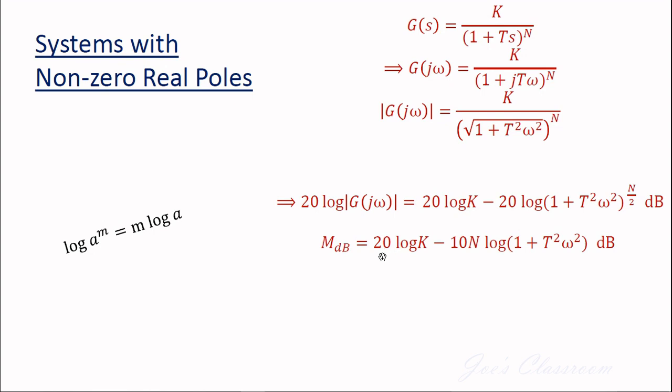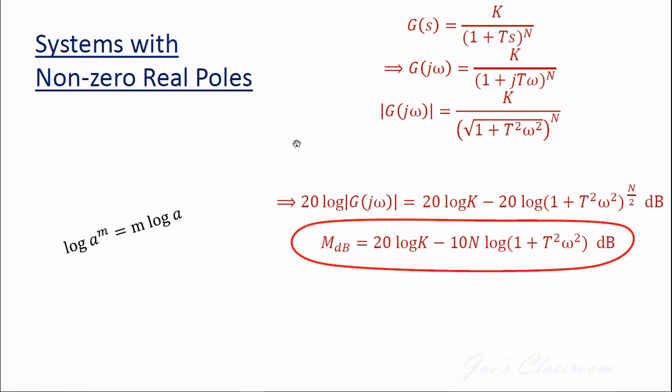Please note, here there are two terms. One is 20 log K corresponding to the numerator of the transfer function, and the other term is 10n log of (1 plus T squared ω squared). This corresponds to the denominator term in the transfer function. So this is going to be the final expression.